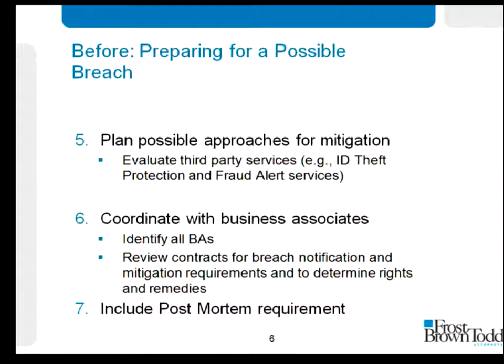There are a lot of different levels of notification obligation that can be negotiated in a business associate agreement. And so you'll want to have a handle on what those different levels of reporting obligation are.